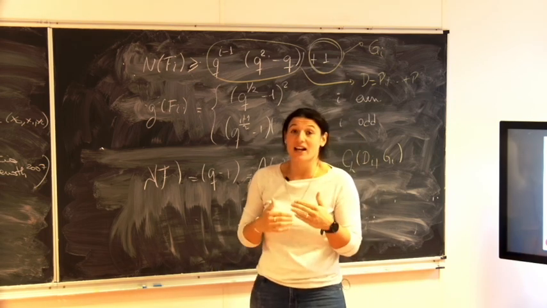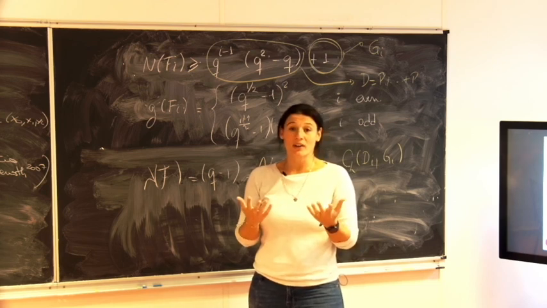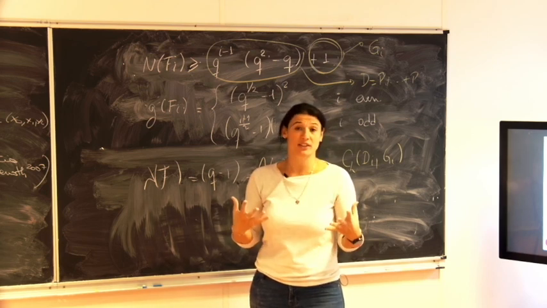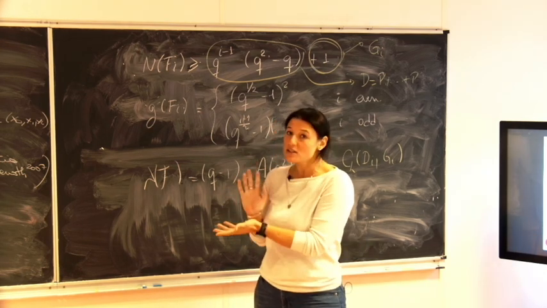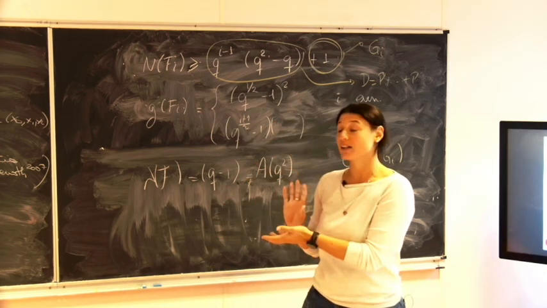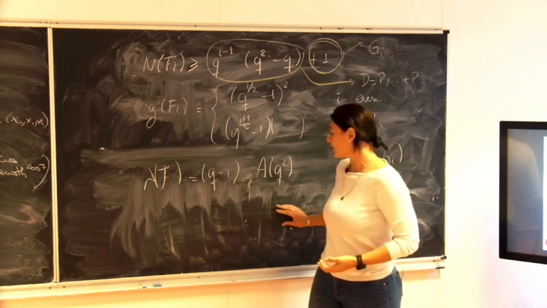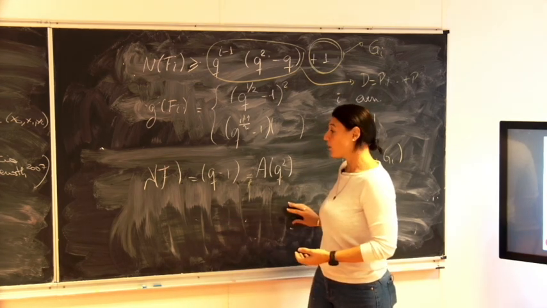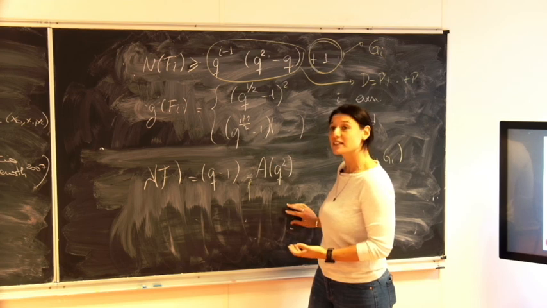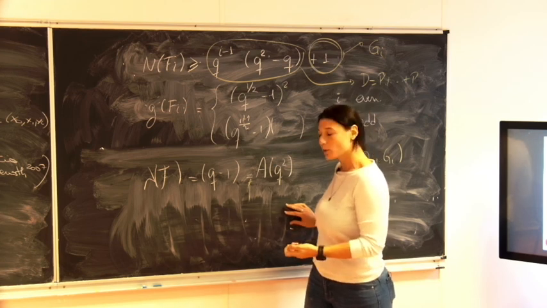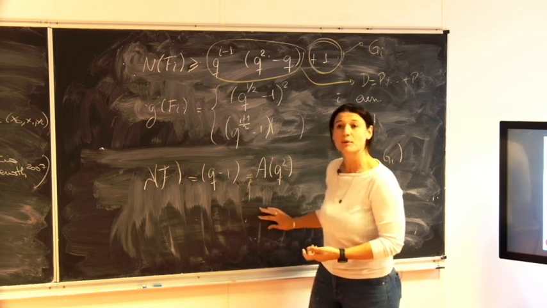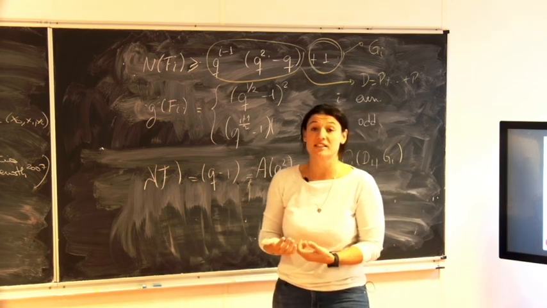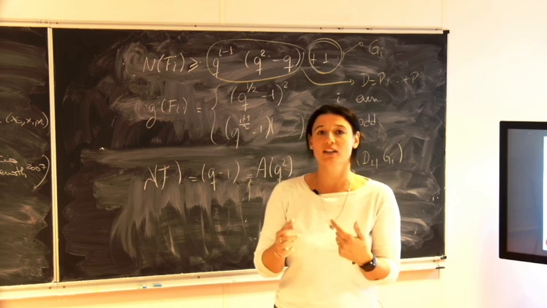You could start asking for more structure in the code. For example, for the Reed-Solomon code, we did not say anything about the structure, but we used only the elements of the multiplicative group to evaluate, and we do not use zero, because if we use only the multiplicative group, since it is cyclic, then we can get a cyclic code.